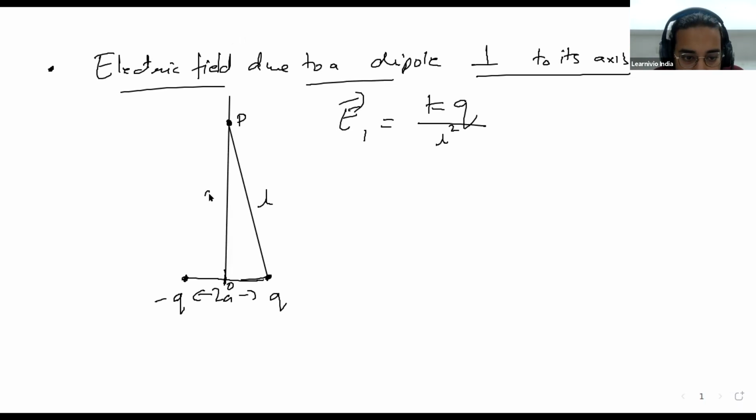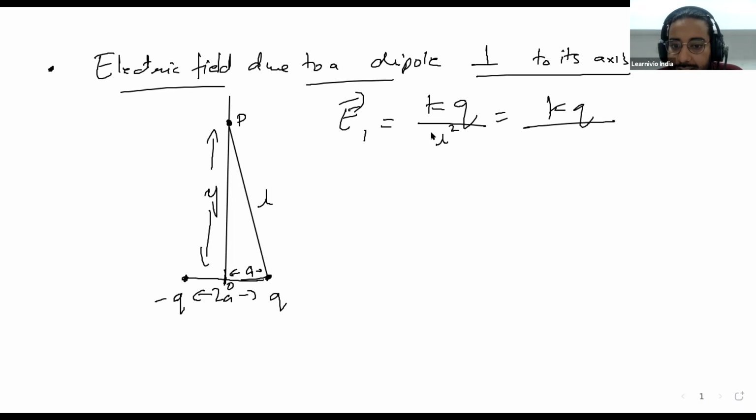This distance is some y, as I said, and this distance is some a. We notice that it's a right angle triangle, so we can use Pythagoras theorem. So this just tells us that this is y squared plus a squared. Make sense?